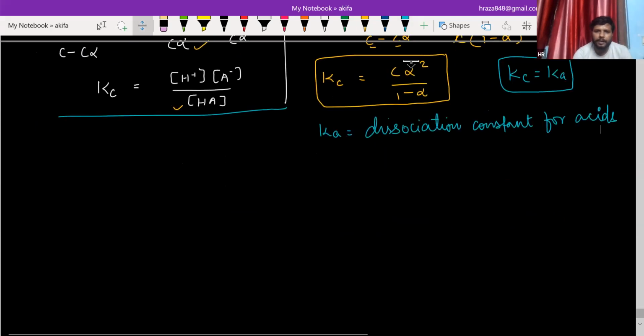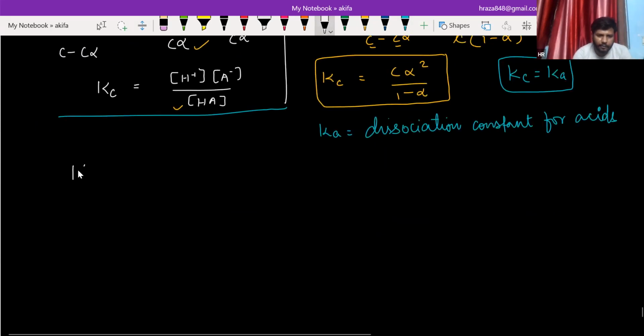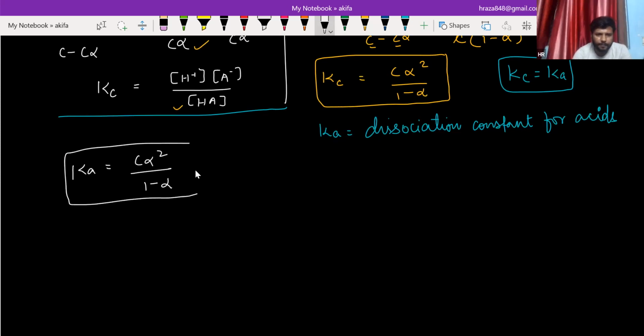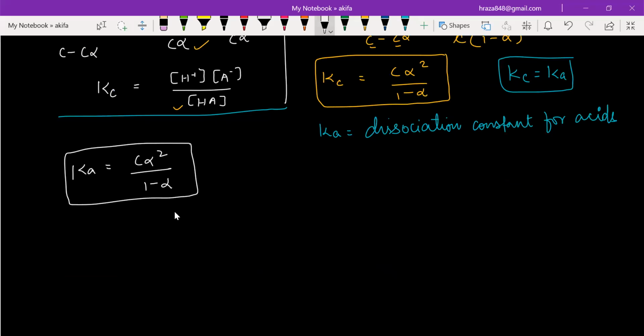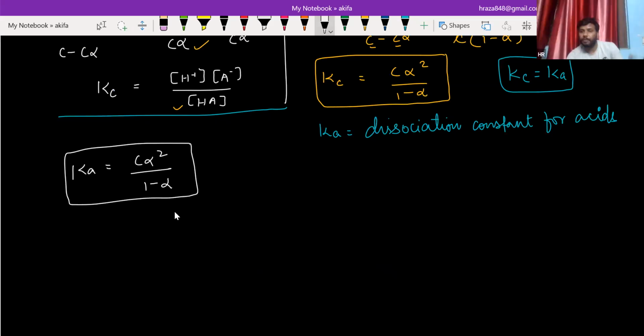Now see, can I write it? Ka will be equal to C alpha square upon 1 minus alpha. Can I replace Kc with Ka? Yes. Since the dissociation is very, very less, 5% maximum, that means alpha is very, very less than 1. So I'm going to neglect alpha.